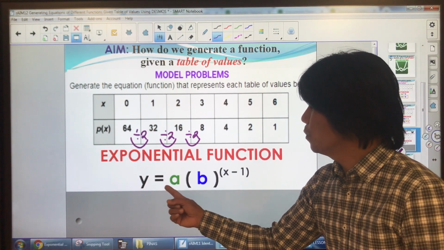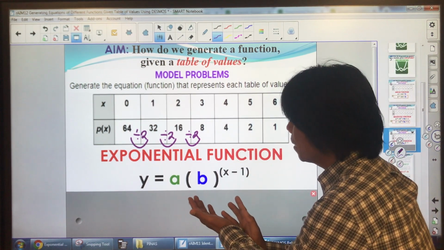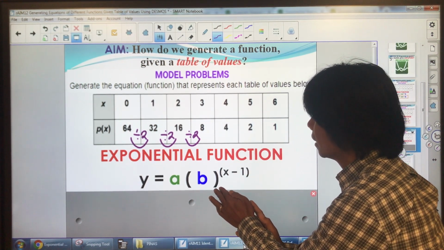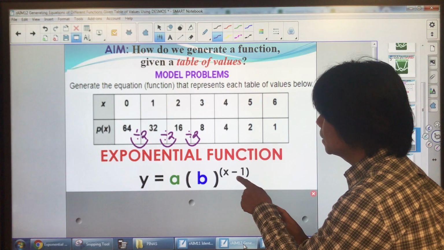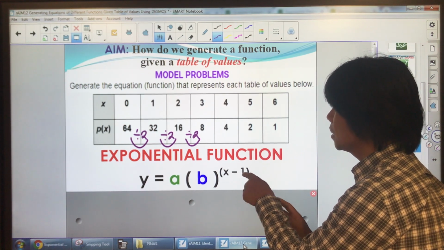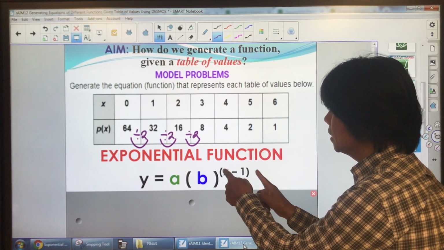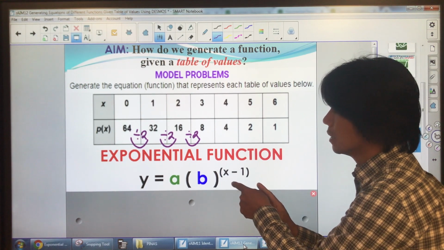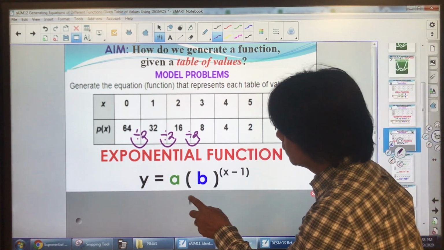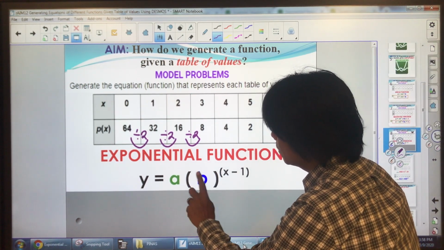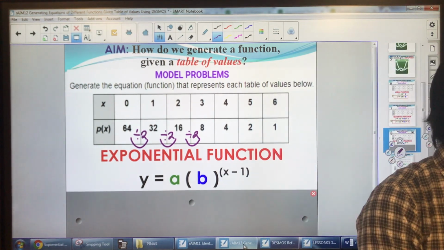y equals a times the parentheses b, alright, raised to the power of x minus 1. Take note, I put parentheses here around the exponent. Okay? And a represents the initial value, b is the common ratio.